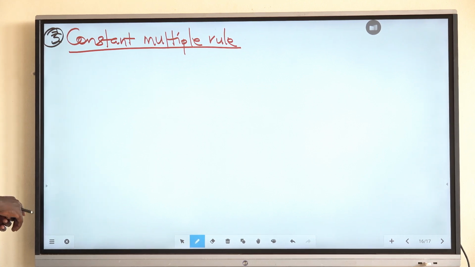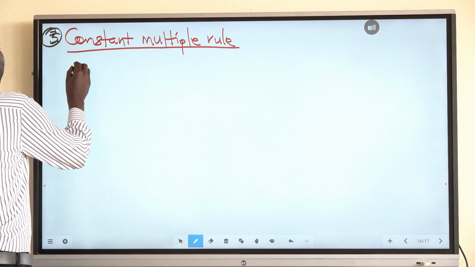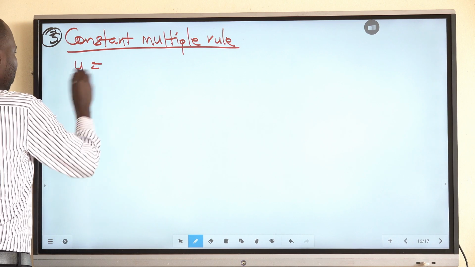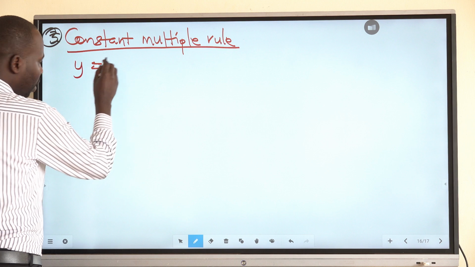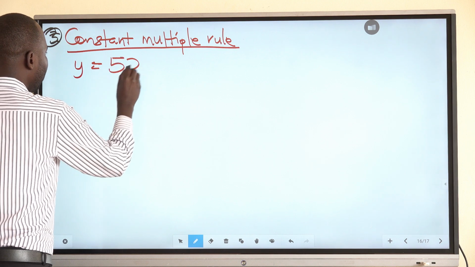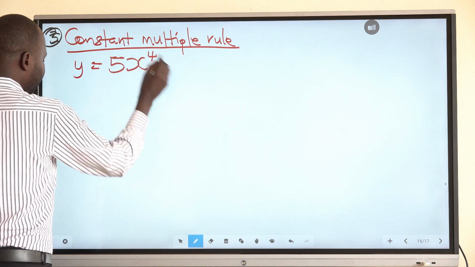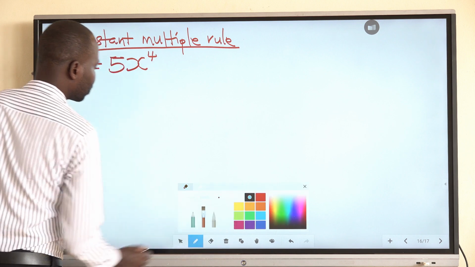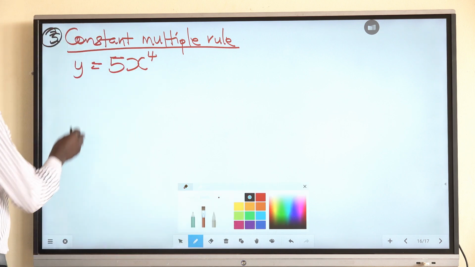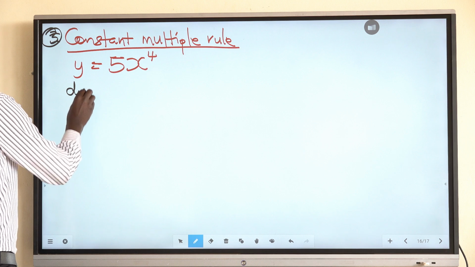You can be given that y is equal to 5x to power 4, and you are to find dy dx.